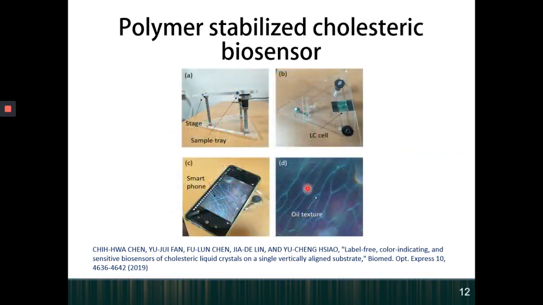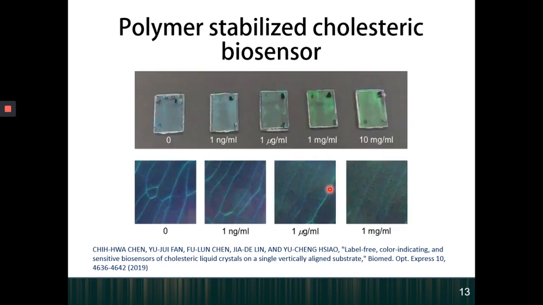And because we put in the polymers, we made the devices more thin, like a film, and that film was inside these devices, and we can use our smartphone to detect the signals. So these devices are 0 and 10 microgram, imaged with our smartphone's camera.